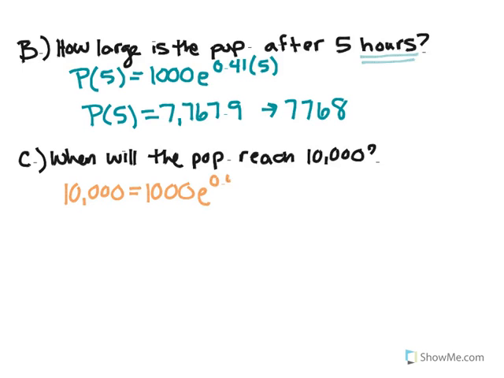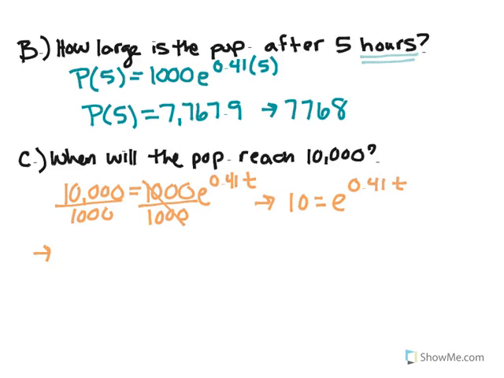Okay, so 1,000 e to the 0.41t equals 10,000. The first thing that we need to do is cancel out the coefficient of e, which is going to be to divide by 1,000. And these will cancel, and then we're going to have 10 on the left-hand side equals e to the 0.41t. And to cancel out an e, we need a natural logarithm.